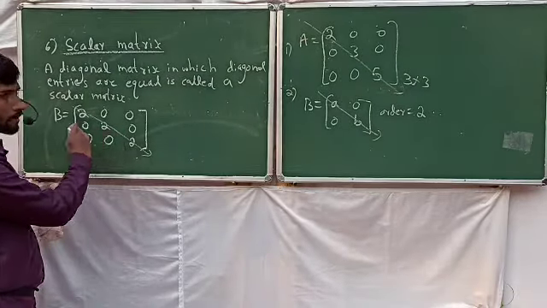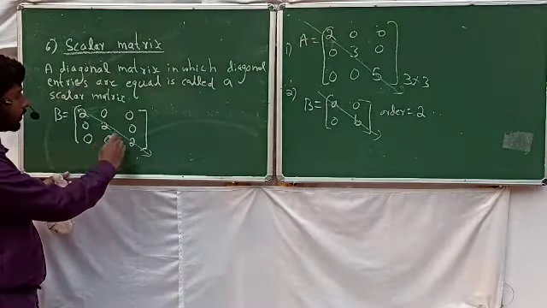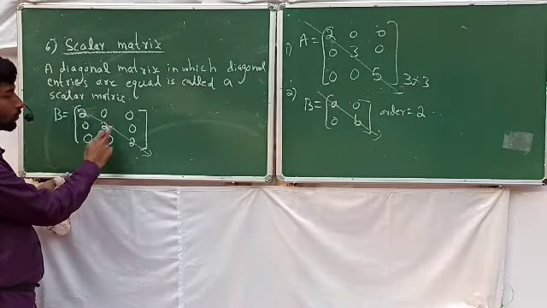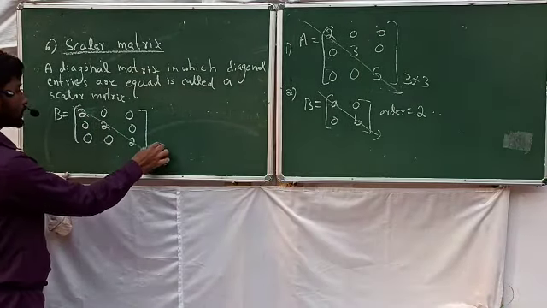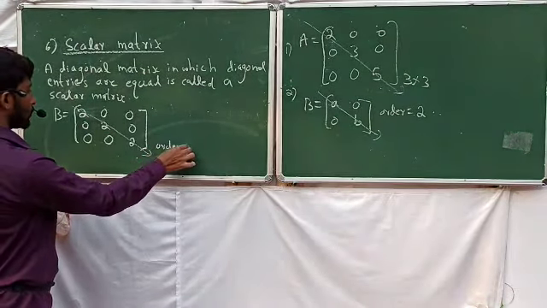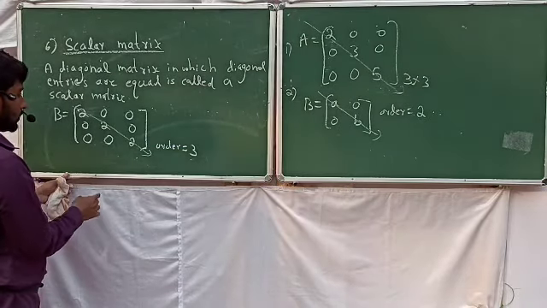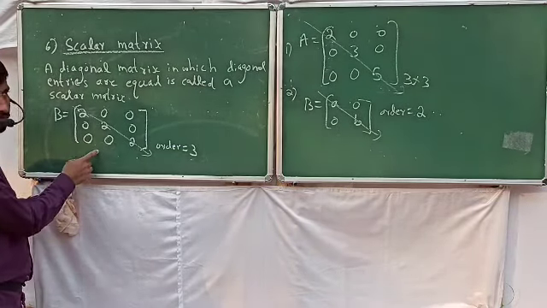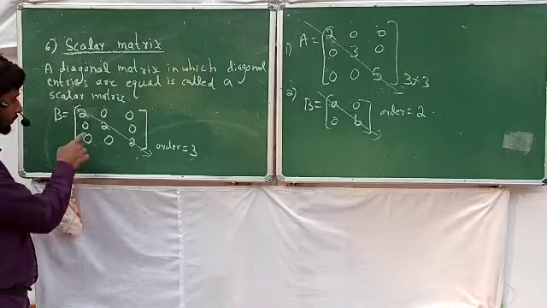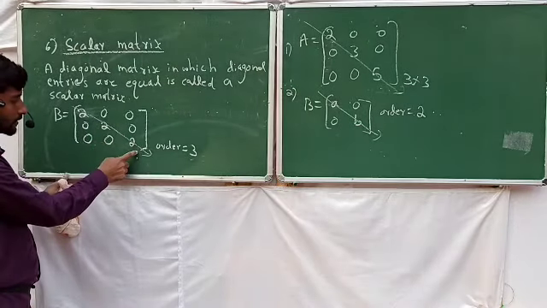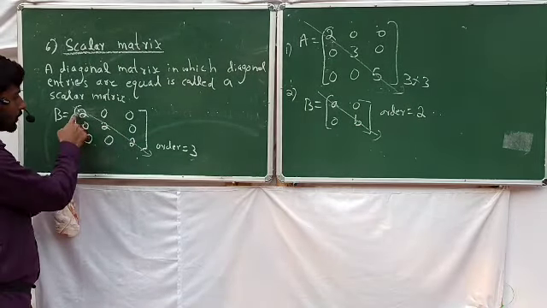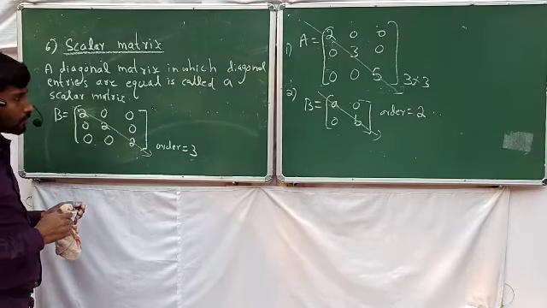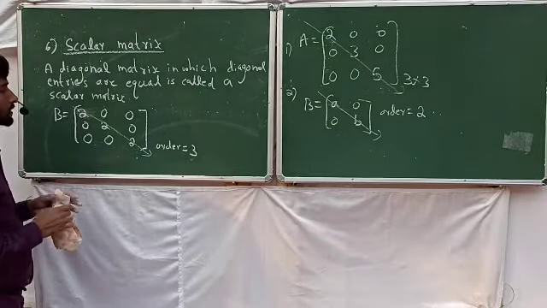What about the diagonal entries? All diagonal entries are equal: 2, 2, 2. The order of this matrix is equal to 3. Clearly this is an example of a scalar matrix. Why? First of all, it's a diagonal matrix and the diagonal entries are equal. So this is an example of a scalar matrix.